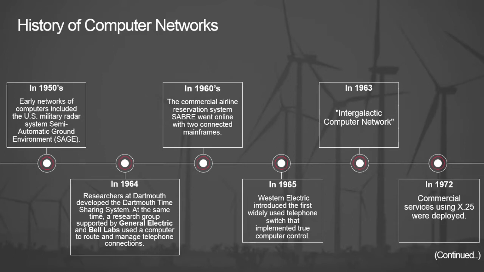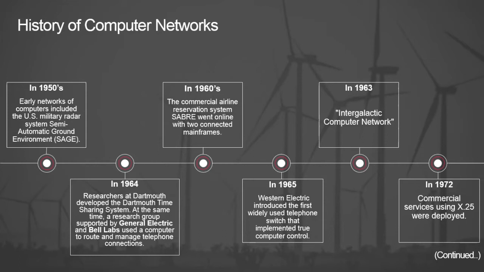Also, you can look at 1964, in which researchers developed the Dartmouth Time-Sharing system designed for distributed users of large computer systems. In the same year, a research group supported by General Electric and Bell Labs used a computer to route and manage telephone connections.